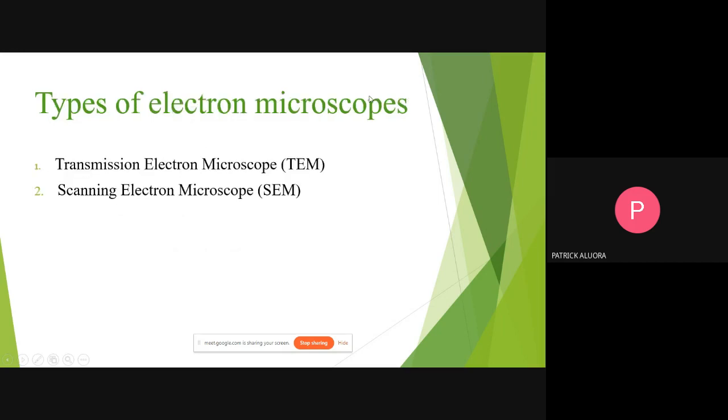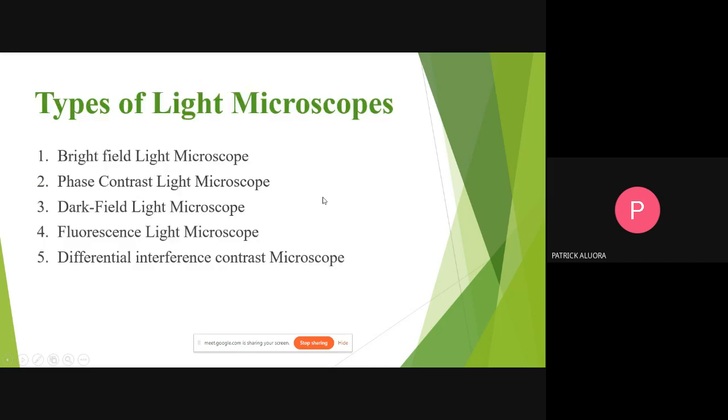Under the electron microscope, there are two of them: the transmission electron microscope and the scanning electron microscope. So remember, there are only two electron microscopes, but for the light microscope there are 5. Before the lesson ends, you should be able to identify all these types of light microscope. You should not confuse the two.